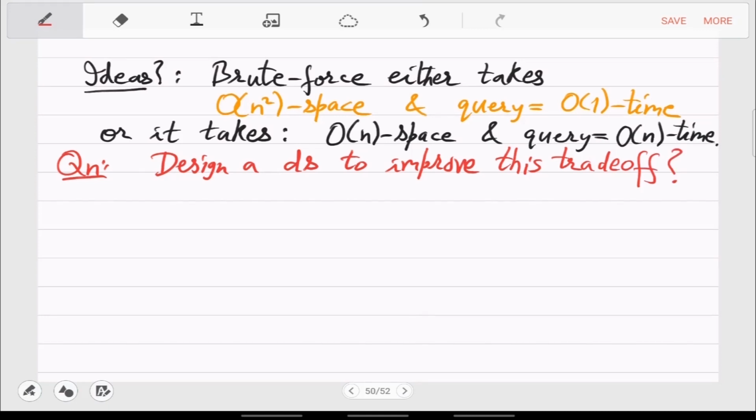There will always be a trade-off in data structures between how much pre-processing was done, how much space is required, and how much is the query time. Right? You cannot optimize everything simultaneously. That will be too good to be true. So there will always be some trade-off. But is there a trade-off which is better than this? So that it's implementable in practice.